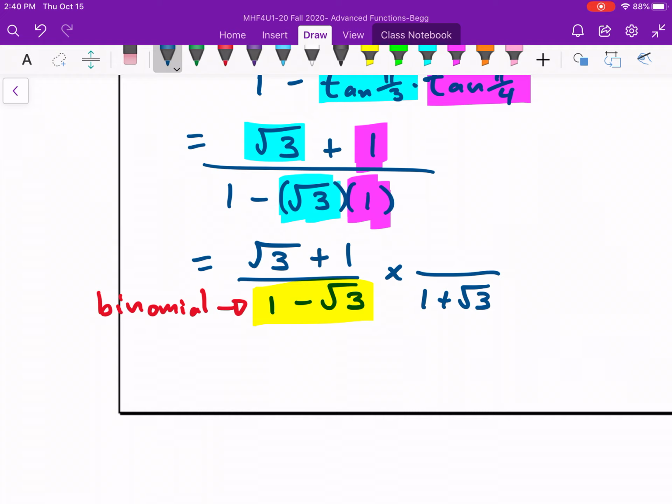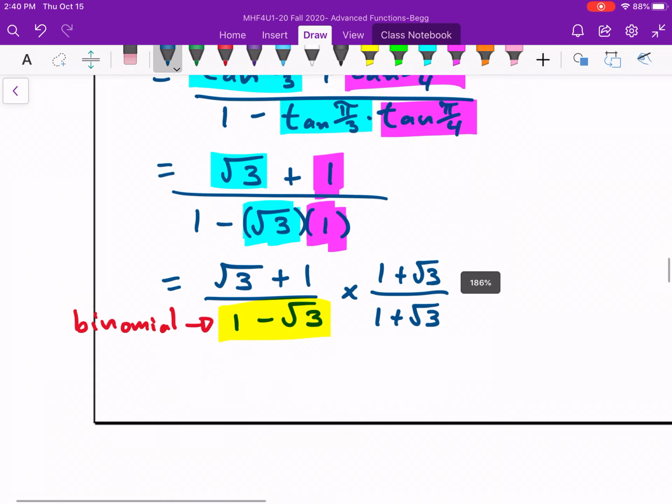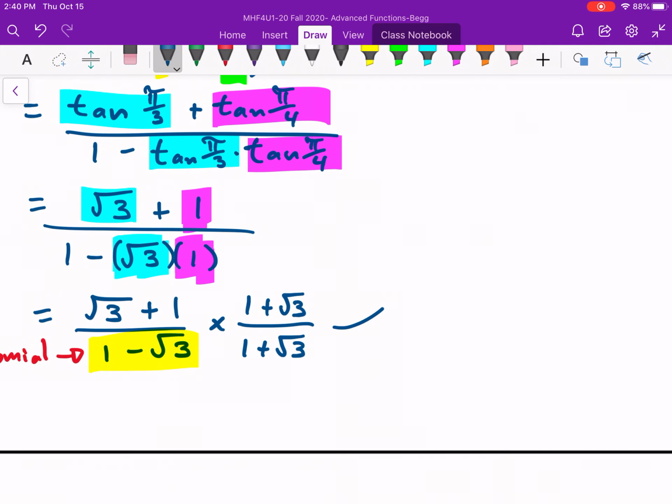Think of difference of squares, where you have two factors that are the same, but the two middle terms cancel out. This kind of thing is going to happen if I multiply by the same binomial but with the opposite sign in the bottom. I have to do the same on the top though. So I'm going to multiply top and bottom by 1 plus root 3, and let's see what happens.